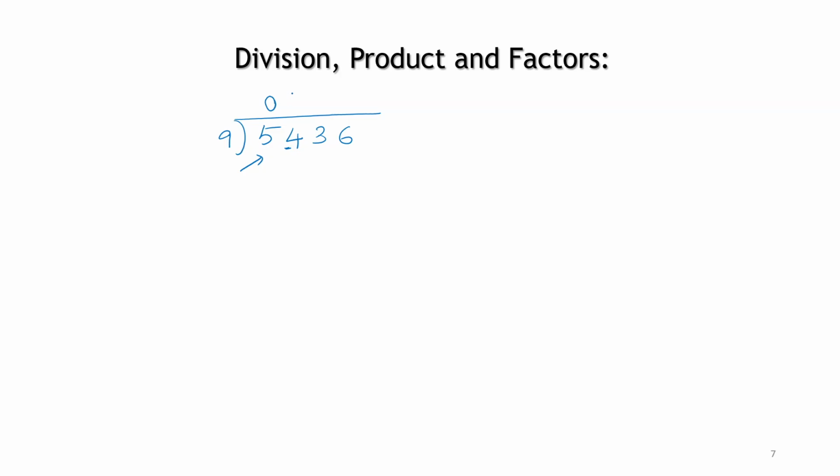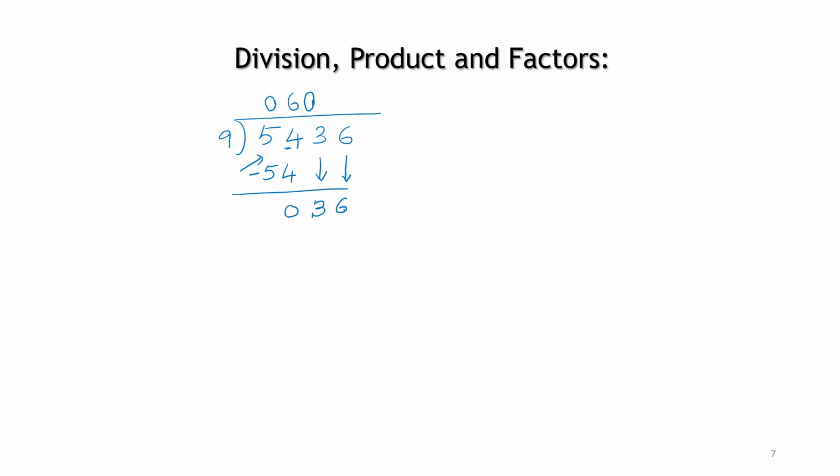So 9 6s are 54. Got 0. Next, bring the next digit down, that is 3. Again, the current digit is 3, which is less than 9. You cannot divide it. Keep 0 in the quotient and bring the next digit down.